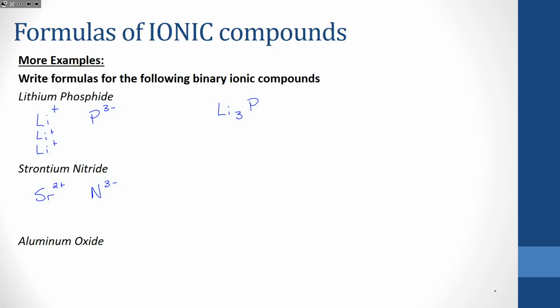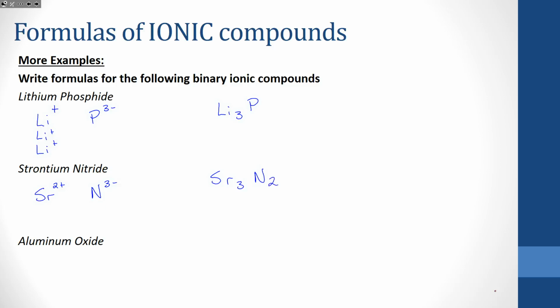Lowest common multiple means what is the lowest number that these two digits, 2 and 3, will multiply up to. So 2 and 3, the lowest number that they both will multiply to is 6. To get 6 positives, I'm going to need 3 Sr's. And to get 6 negatives, I'm going to need 2 nitrogens.